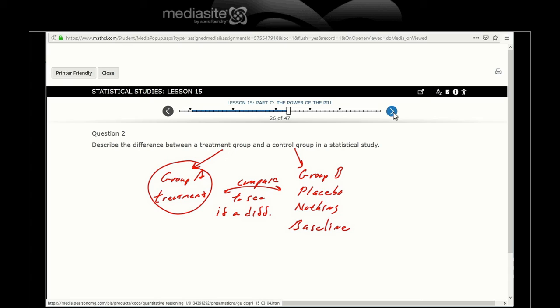And how to compare it to treatment? Maybe a placebo, maybe a group that does absolutely nothing. Go back to the earlier one: 5 hours of exercise, no exercise. That comes under nothing. And so we have something to compare the treatment to. So the difference is one gets a treatment, one doesn't, basically.